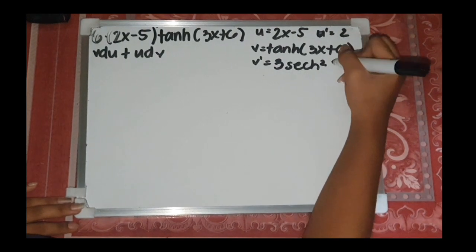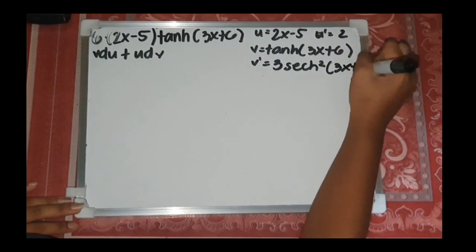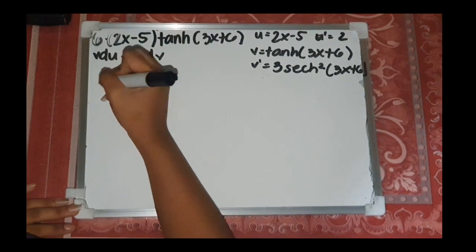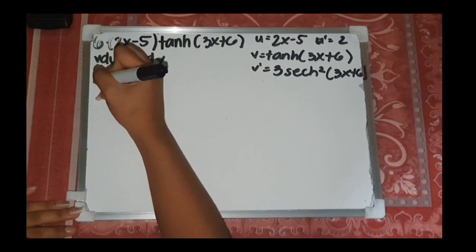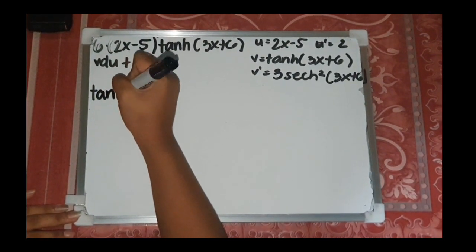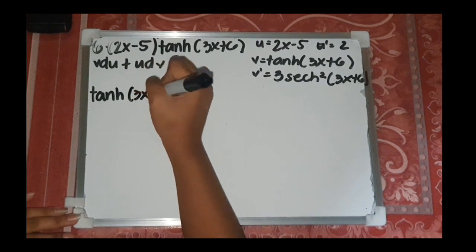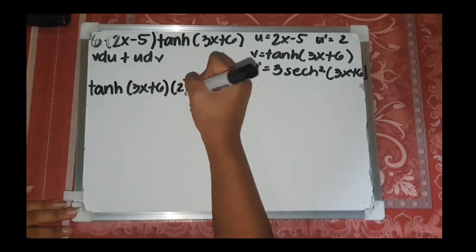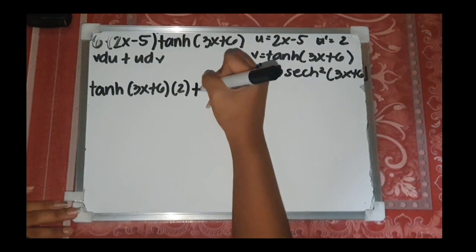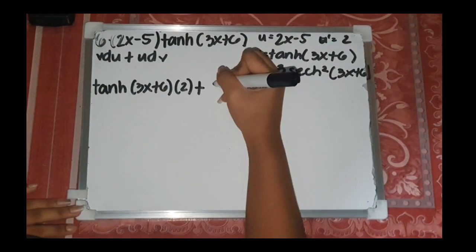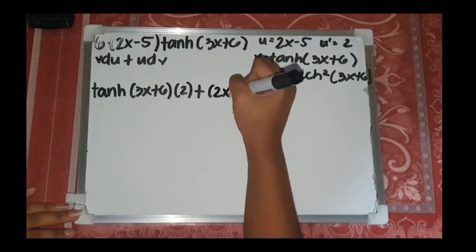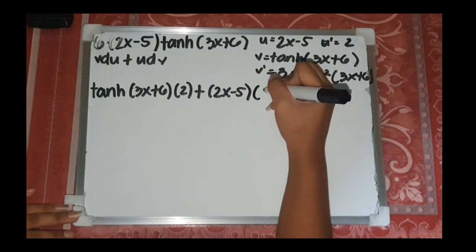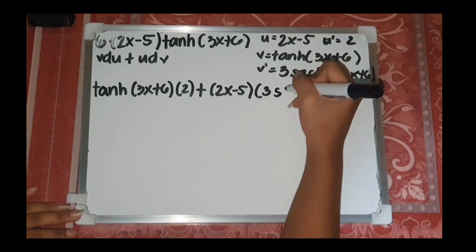Then substitute: v is hyperbolic tan 3x plus 6 and the derivative of u is 2, plus u, which is 2x minus 5, and the derivative of v is 3 hyperbolic secant squared 3x plus 6.